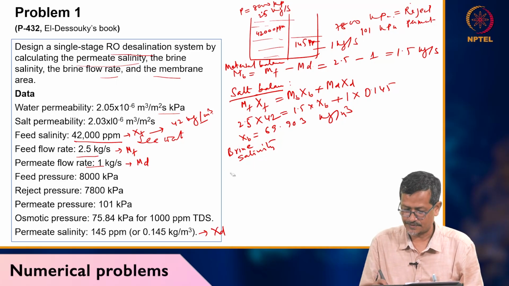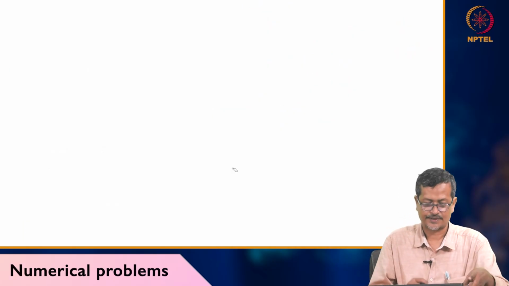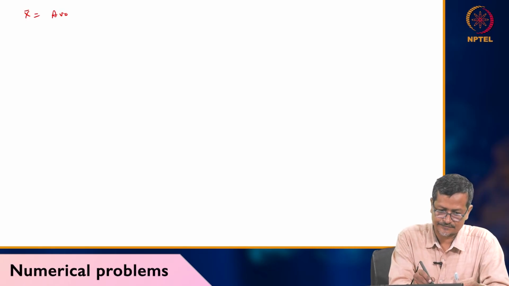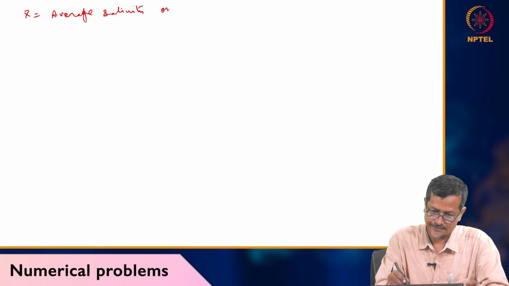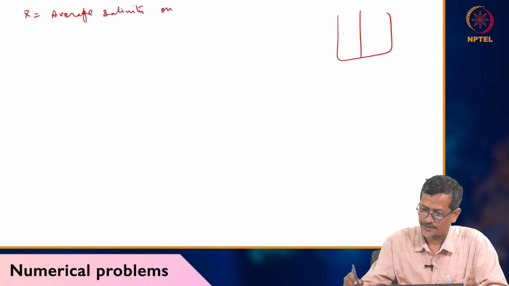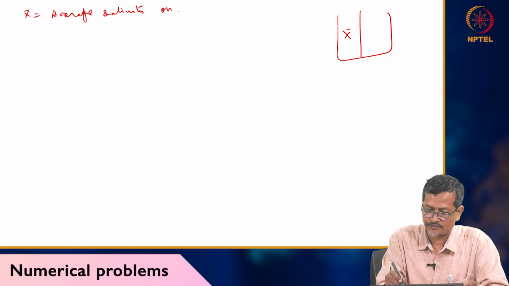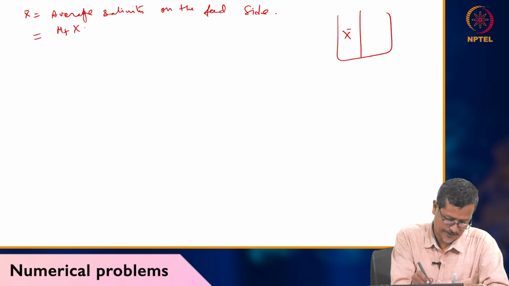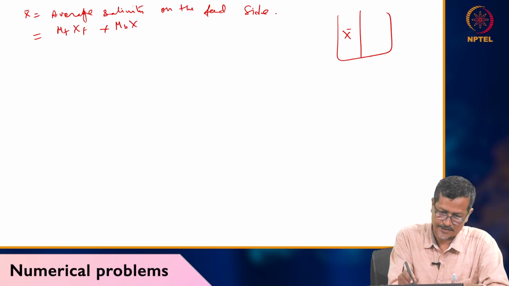Now okay, I'll put the next page. Now X bar equals average salinity on the feed side. So X bar equals Mf Xf plus Mb Xb divided by Mf plus Mb.